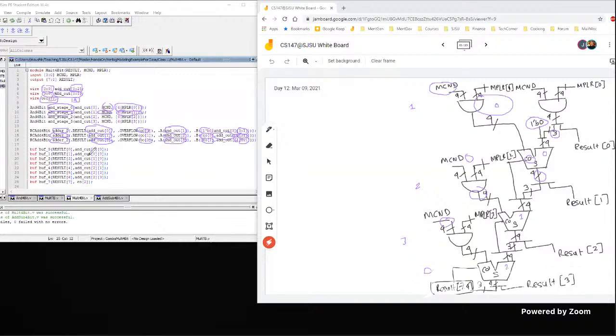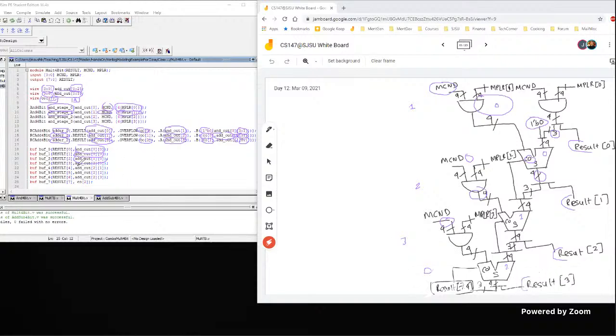And then we are constructing the result, right? The first one is the LSB of the first stage AND. So this is what is happening. Second bit is the LSB of the first stage of add. Next one is the LSB of the second stage of add.